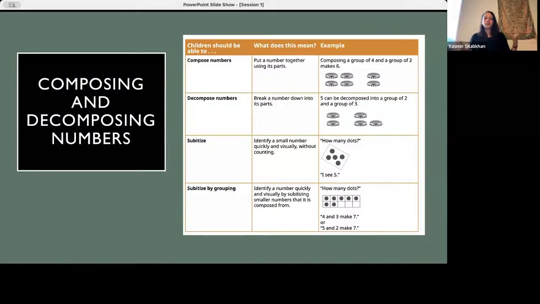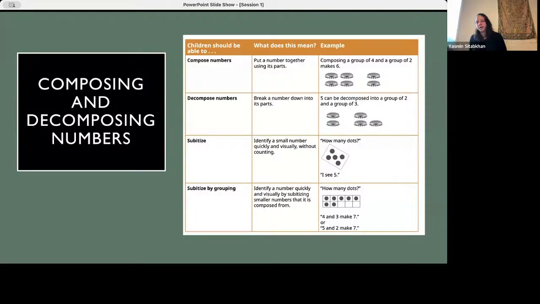And what I want to say here is that we really want to make sure that when composing and decomposing, teachers don't introduce this as addition, right? This is not 4 plus 2 equals 6. There are multiple ways to make 6, and you can break a number down.